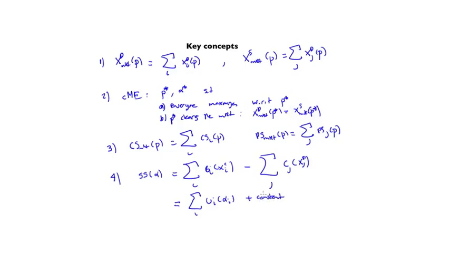So in other words, the social surplus of an allocation measures total utility. And finally, we saw that this is for any feasible allocation. When you look at a market allocation, that can be computed as the consumer surplus generated by the market plus the producer surplus generated by the market. That's it. This provides a complete outline of every key idea that you need to remember from this unit.